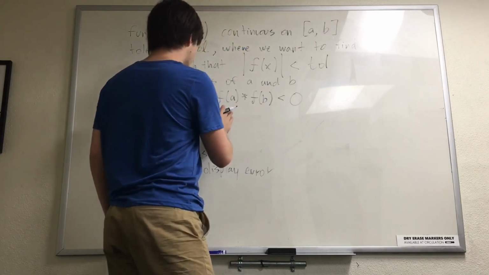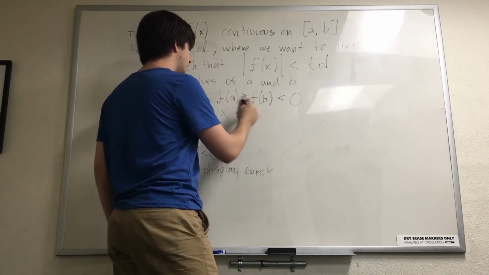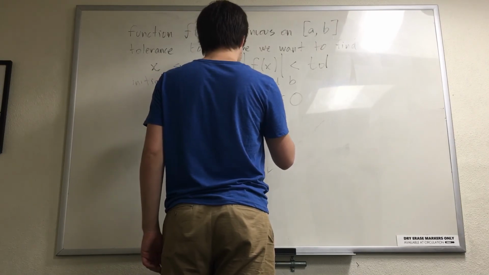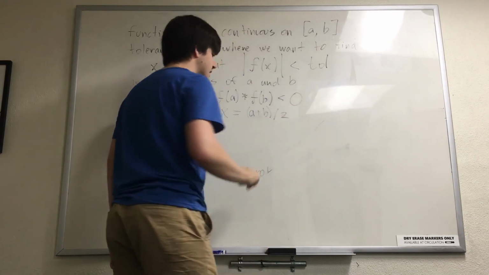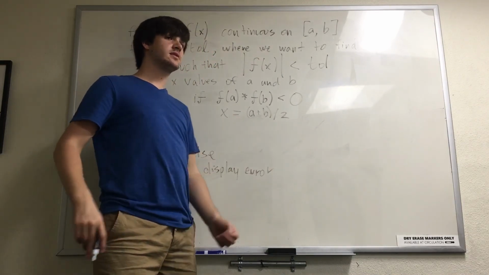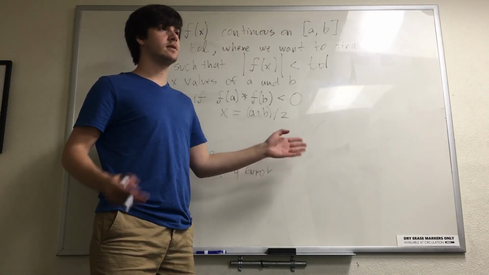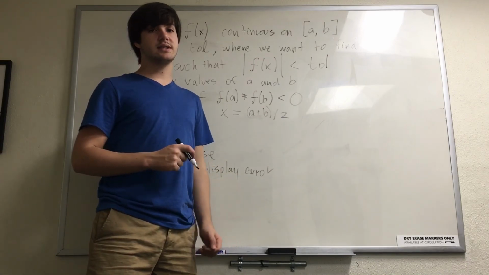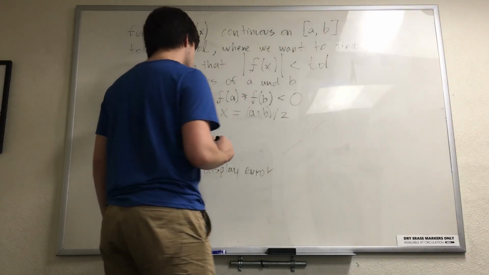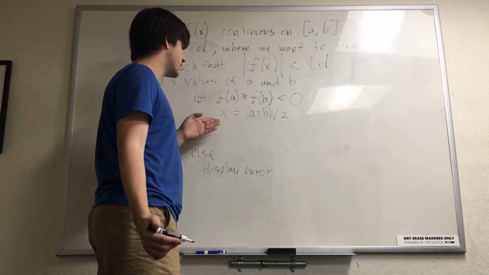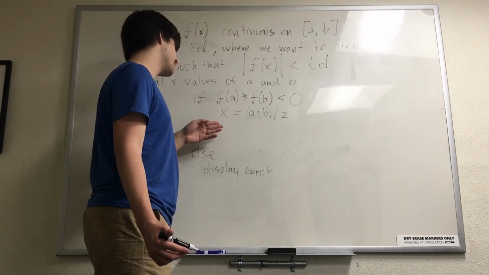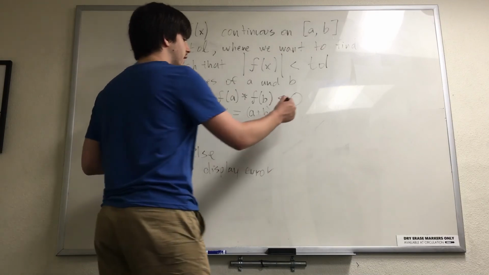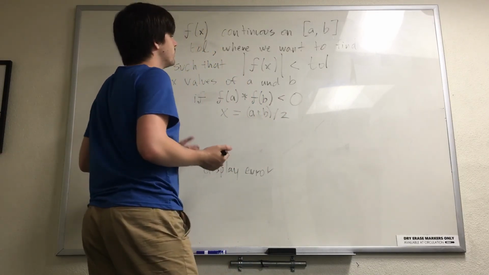The first thing you're going to want to do is set x equal to a plus b over 2, or basically the midpoint of the interval. So remember, I went halfway through the times that we're looking through.